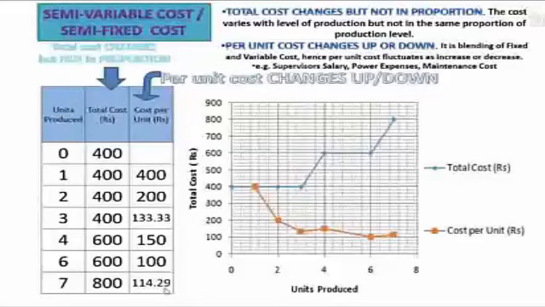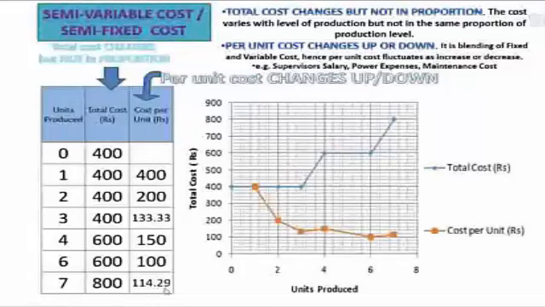Now here we can see the total cost is increasing with level of production, but not in the same proportion. So when 2 to 3, 400 remains 400. When 3 to 4, 400 has jumped to 600. Now here the cost has changed disproportionately. Sometimes 0 rupees increase, sometimes 200 rupees increase.